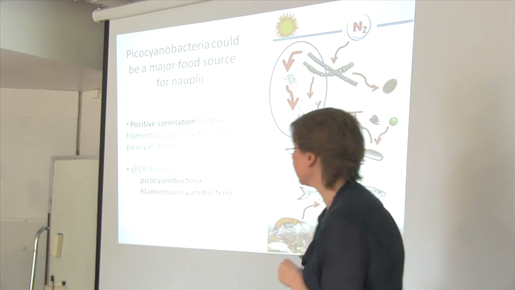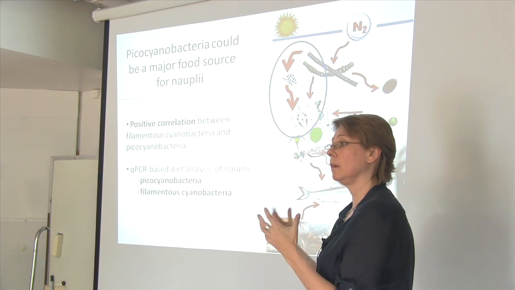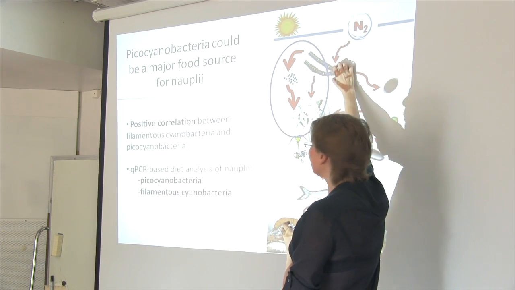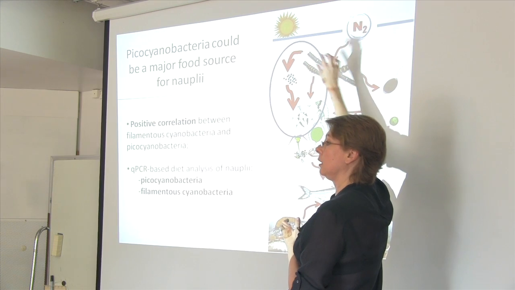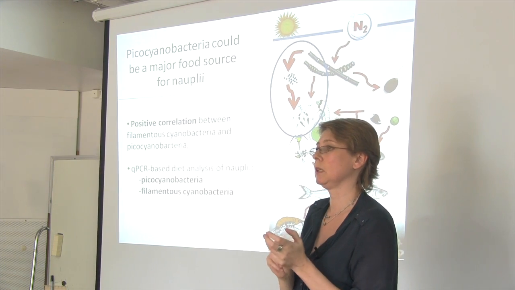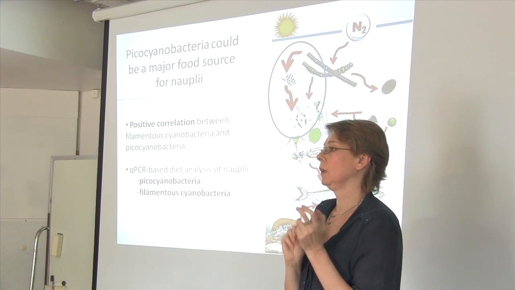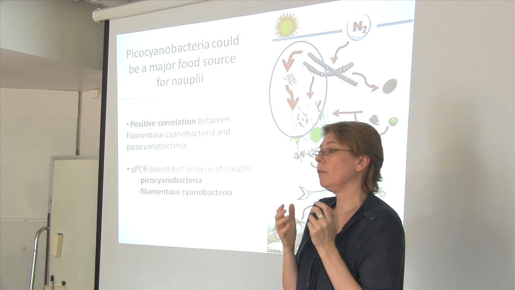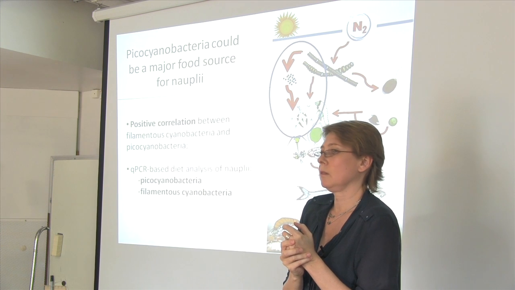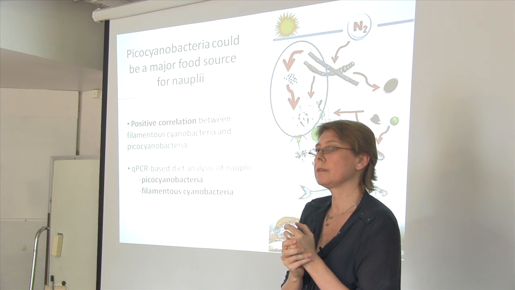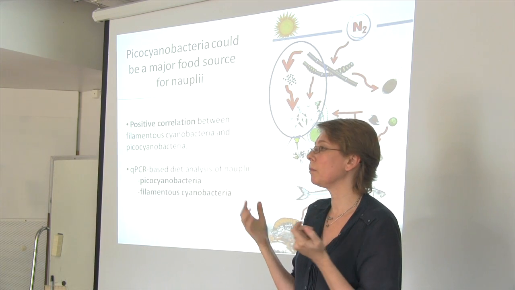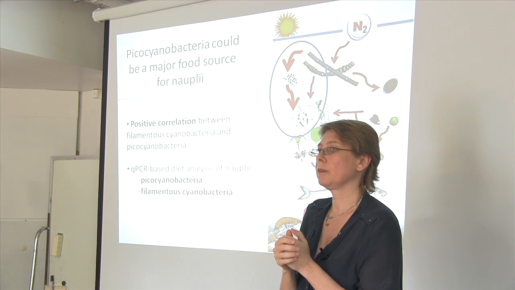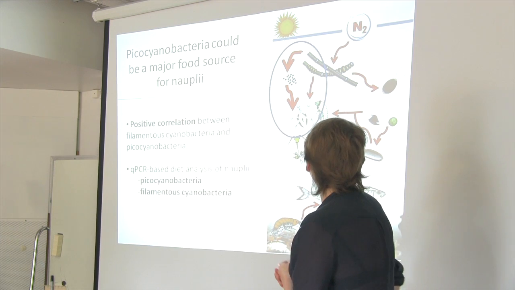So this is how we can explain the positive linkages between the cyanobacteria blooms, which are known as poor food, again from experimental studies, low in sterols, and crustaceans are very dependent on sterols, low digestibility, low manageability, so it's difficult to grab and eat.